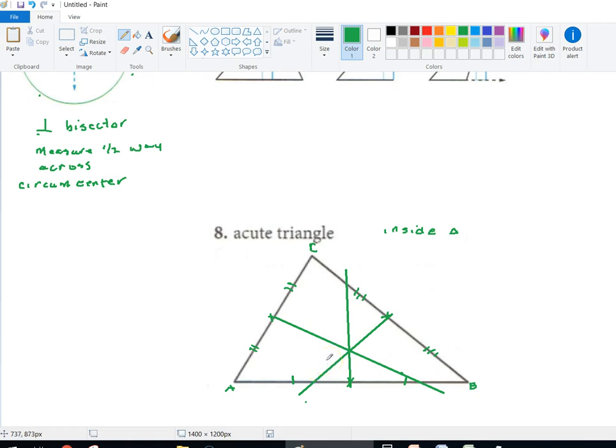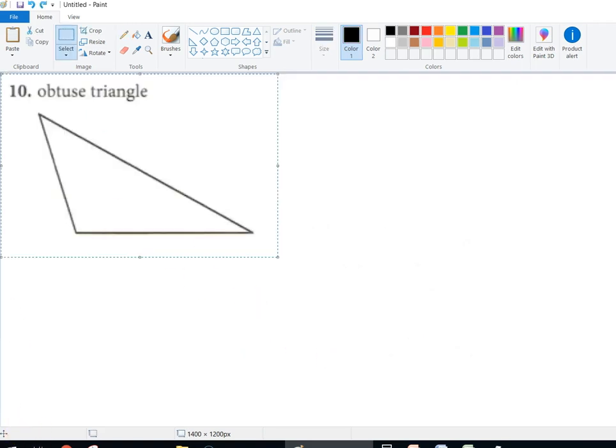Okay, now we'll move on to number 10. Number 10 is an obtuse triangle. It means it has one large obtuse angle. And what they're trying to get you to discover here is where points will be concurrent for each one of these different triangles.